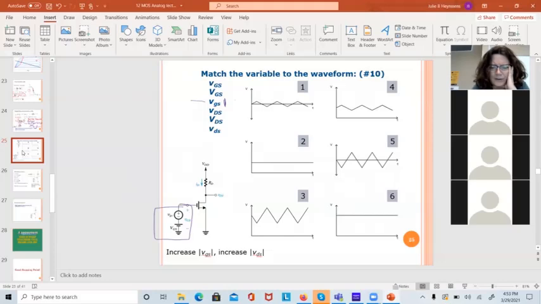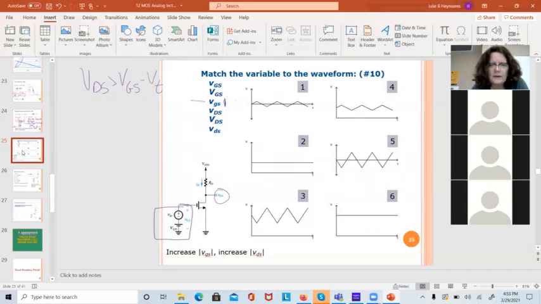My DC value at the gate, remember we need VDS to be greater than VGS minus VT to keep it in saturation. So I'm expecting my DC value at the gate to be smaller than my DC value at the output. So I'm going to look for the smaller version of this voltage. So this is probably my gate to source voltage because it's smaller than the other DC one right here.